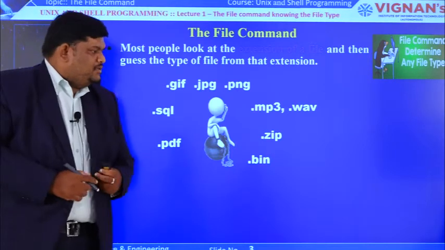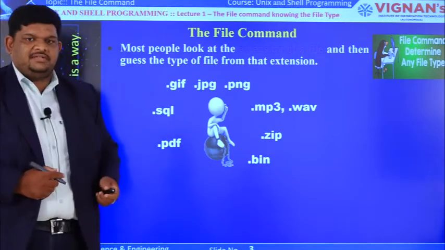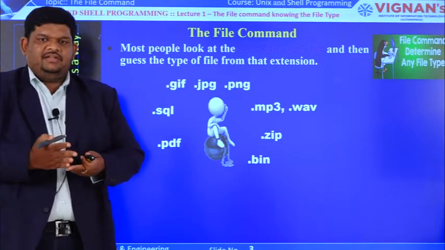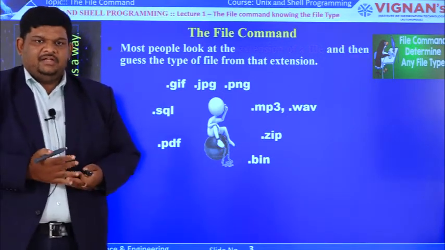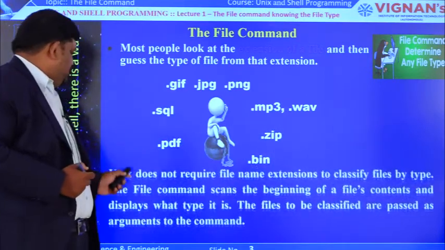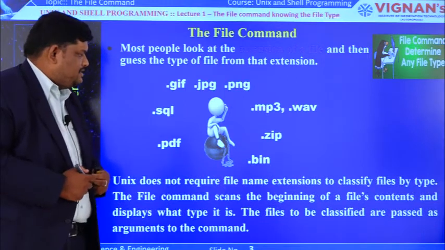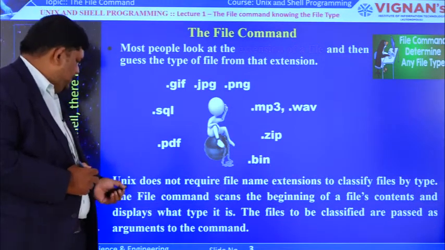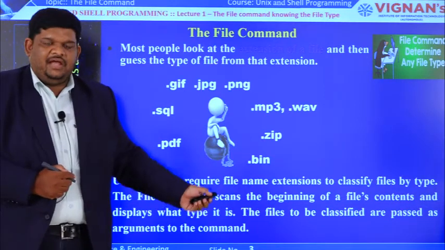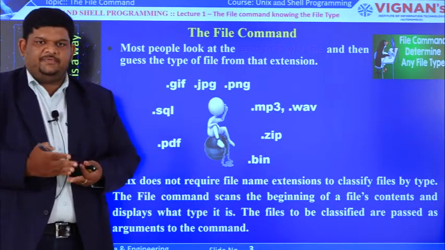But in Unix, no need to worry about all those extensions, because with the help of the file command, we can know the type of file. Unix does not require file name extensions to classify files by type, because the file command scans the file and gives the result of which type of file it is.